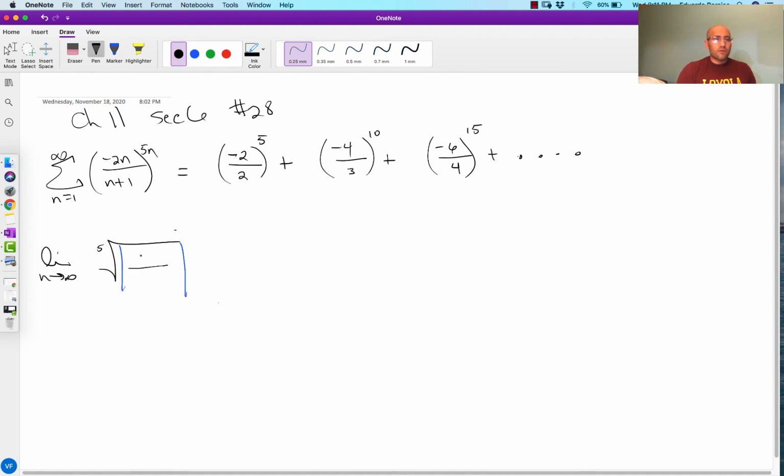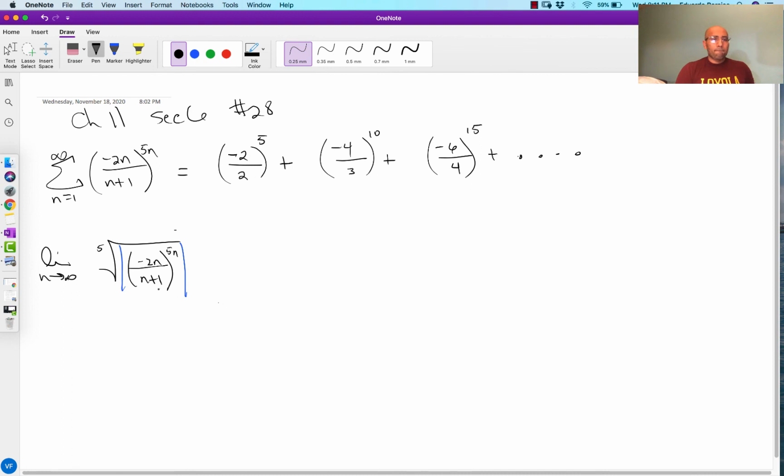So it'll be this thing to the power of 5n, and there's a negative 2n in there, and an n plus 1 there.